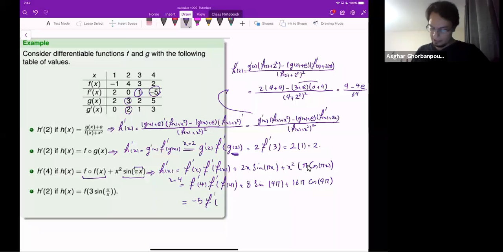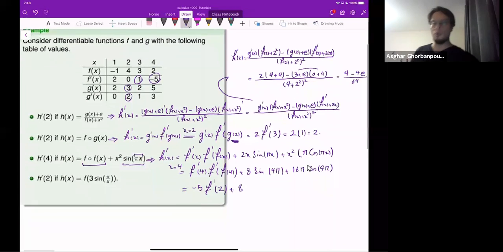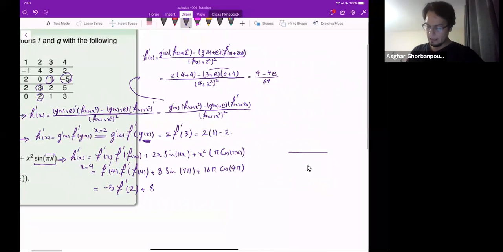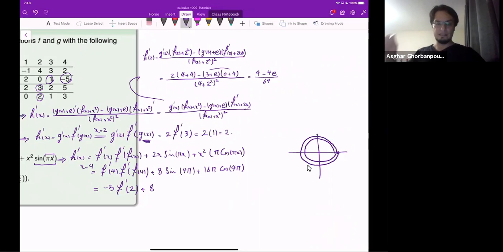F at 4 is 2. 8. What is sine of 4 pi? Okay, I know that 4 pi means that you go around the circle twice and you come back and hit the 0 angle. So sine of 4 pi is the same thing as sine of 0, which is 0. So this will be 0 here.